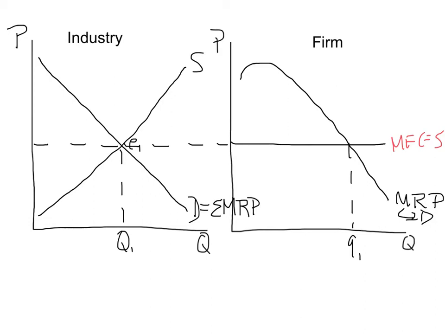This points to another interesting analysis as well: if something were to happen for this firm, such that this firm's individual demand for labor were to rise, perhaps the good that that firm sells has increased in demand, which might increase the price of the good, which would increase the marginal revenue from the good, we would expect that for the firm, and maybe for this firm only, we would have a new marginal revenue product curve, right?